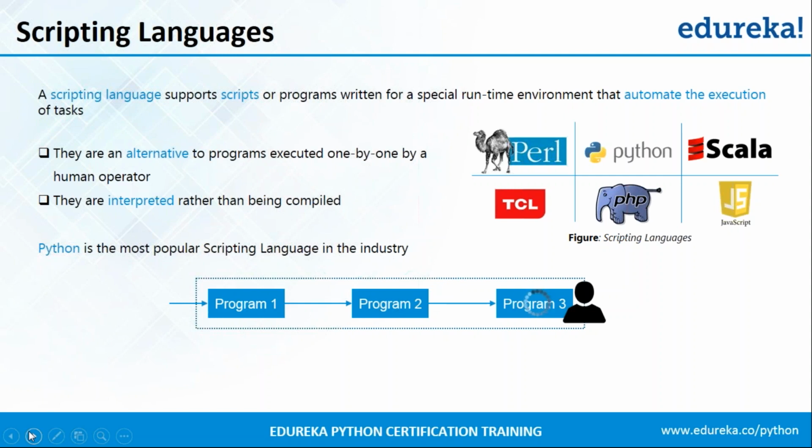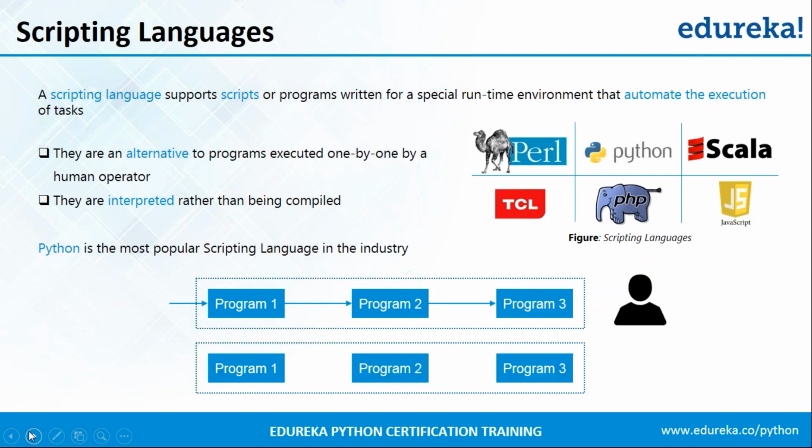But when I have got scripts, I do not need a human operator. I'll just write down the execution statement of programs 1, 2, and 3, something like run program 1, run program 2, run program 3, according to the order that I want to run them. I'll just mention that in a script, and then I only need to run that script, and the script will take care of the order of execution of the tasks. So I'll run that script and it'll execute program 1 first, 2, and then 3.